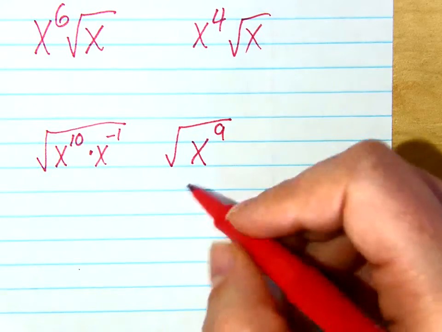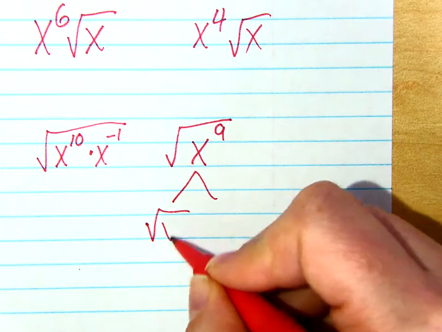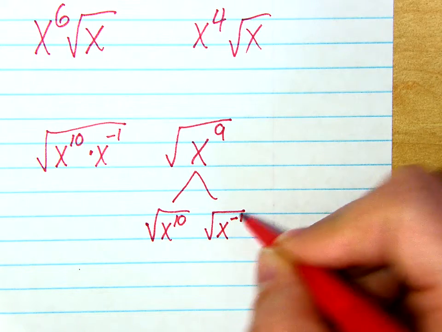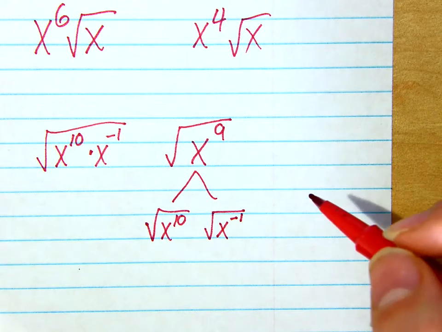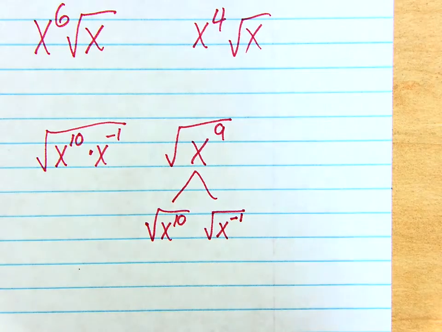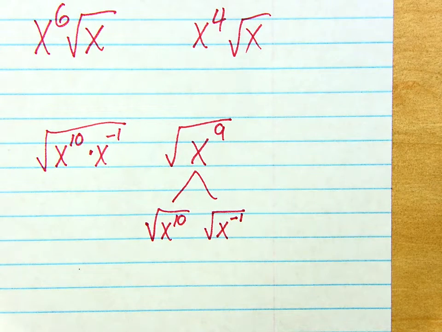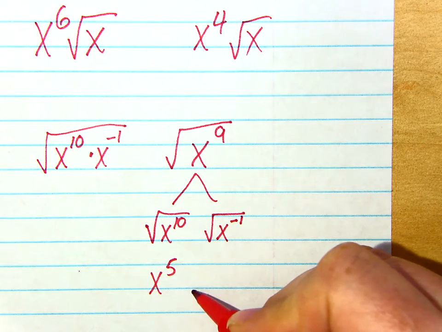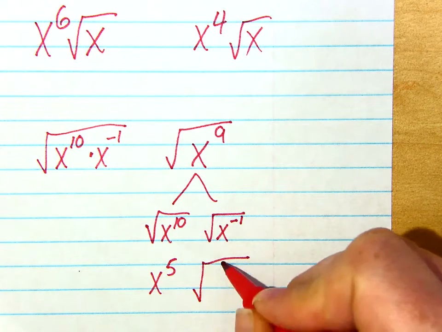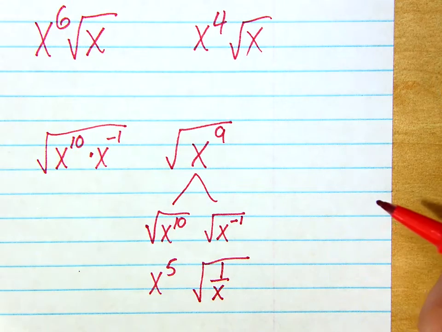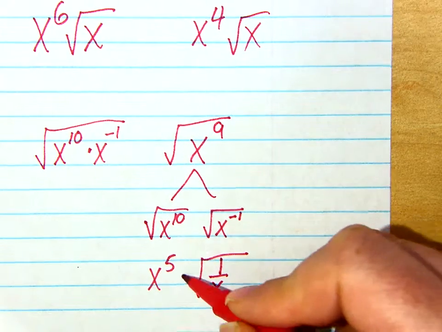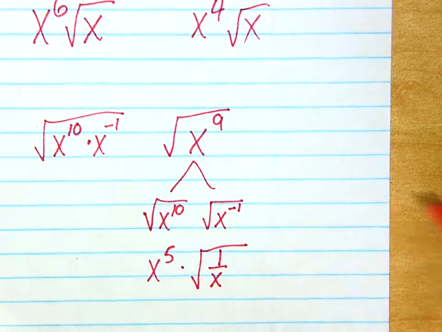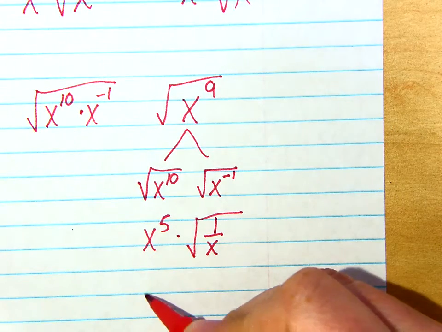I'll show you real quick. You would have the square root of x to the 10th, and then the square root of x to the -1. Oh boy. Gosh, you're making it so much more complicated because now that's x to the 5th, but then remember an exponent of -1 really means 1 over x? Now you would have to simplify this and get the square root out of the denominator. Are you sure you want me to keep going? Because this is taking you down a road you don't want to go down.